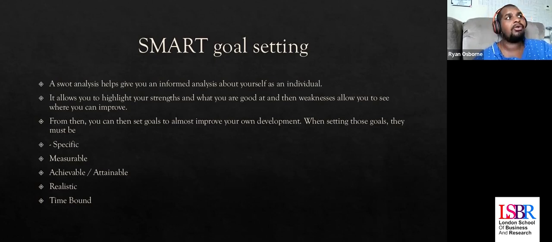The last thing about goal setting really is about time management. Is it time bound? When you look at time, we're not looking at time as 9 to 5 or 8 to 6. We're looking at time as a quantifiable measure.